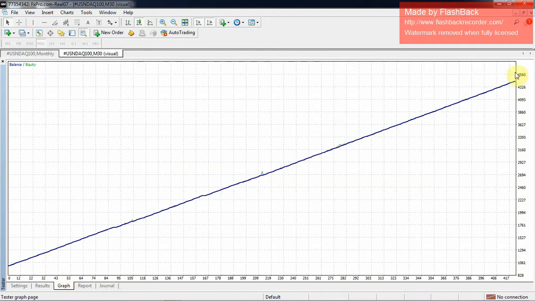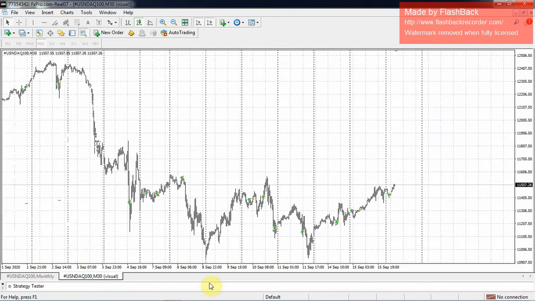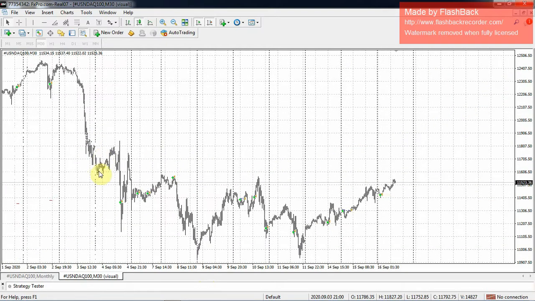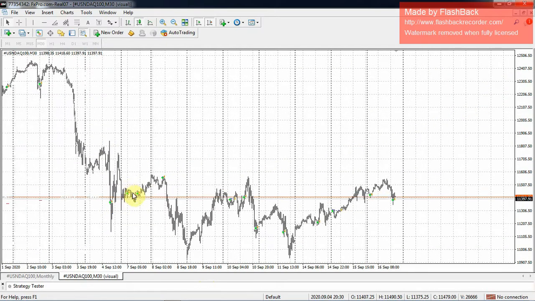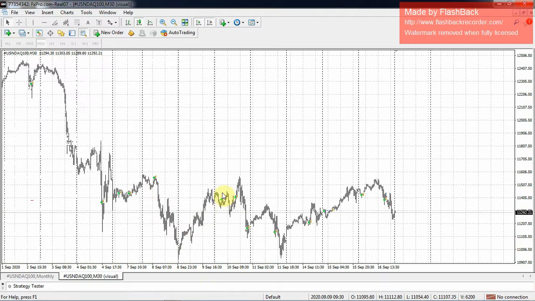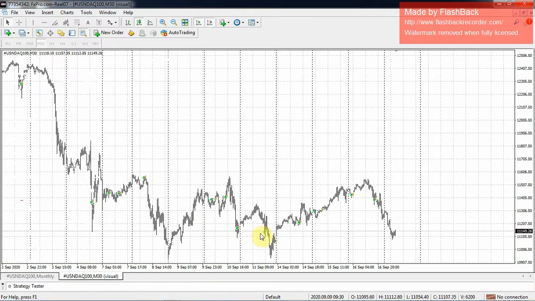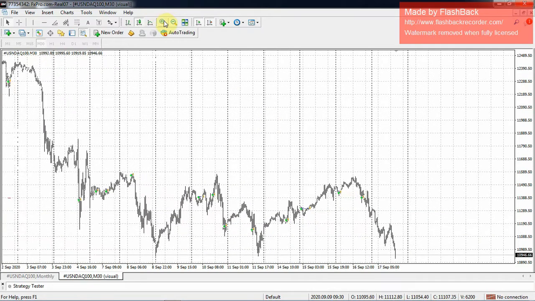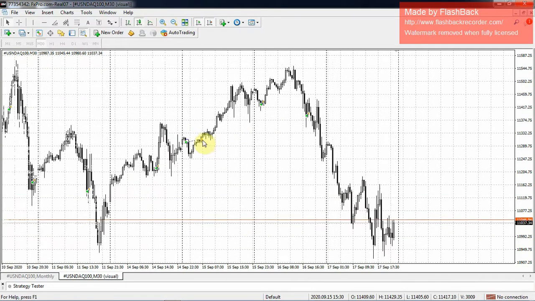Okay, almost 4.5k there. As I said, in real time we could have made more money, because in real time we increase the lot size as the balance is increasing with more profits.